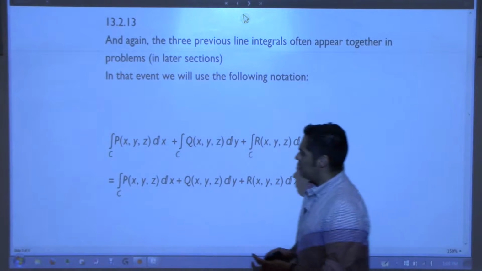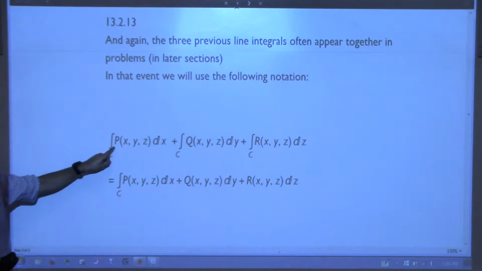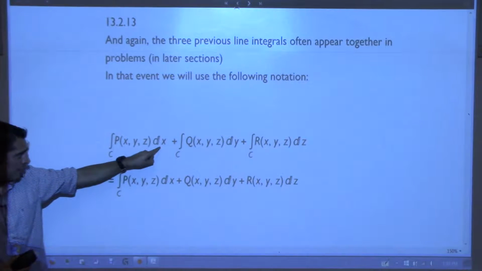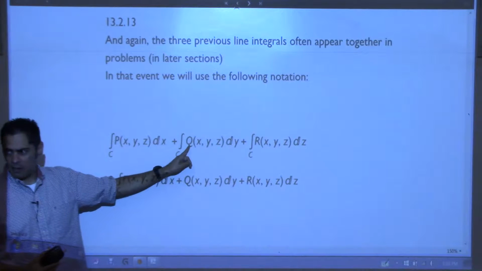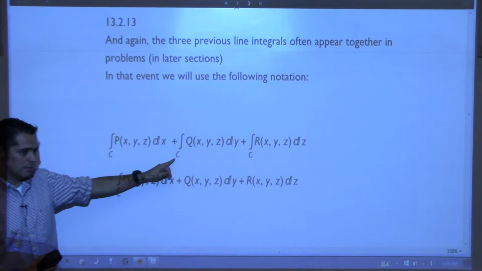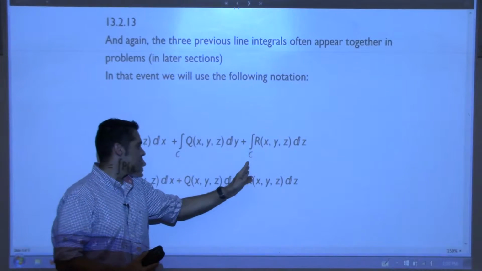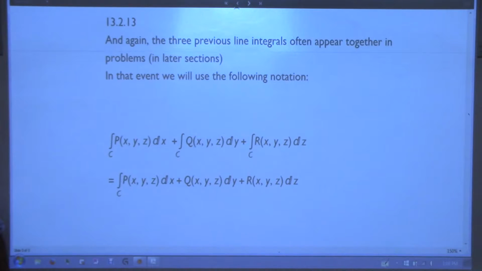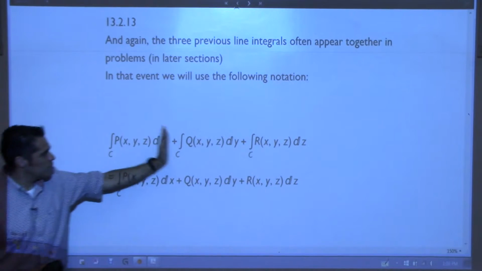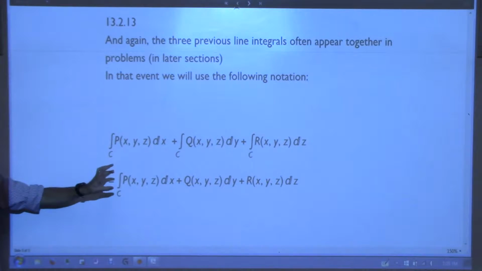We're going to have a line integral of the scalar function P along C with respect to x, plus another line integral of the scalar function Q along the curve C with respect to y, and then the R function along C with respect to z. And that's the notation. Instead of writing 3 integrals, since they're all going along C, we just write 1 integral with all of them together.